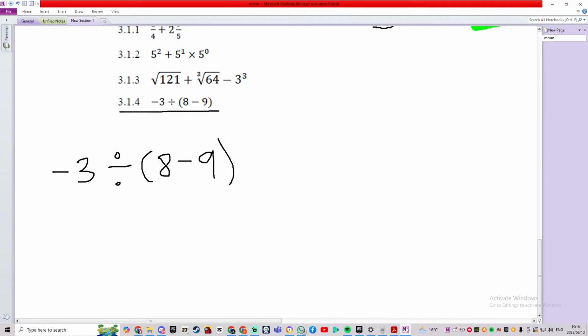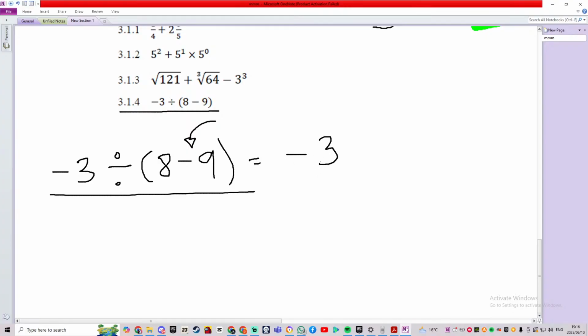But the one thing that takes preference in this one here, brackets take preference over the division. So you must do first inside the bracket before you do anything else. If there was no brackets, you would have had to divide first. But because there's brackets, whatever's inside the brackets gets priority.